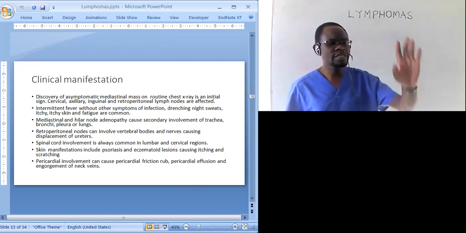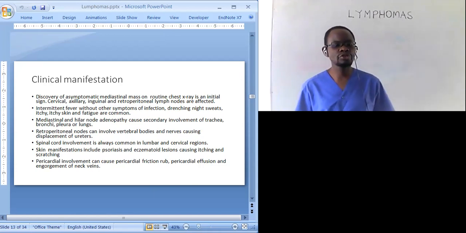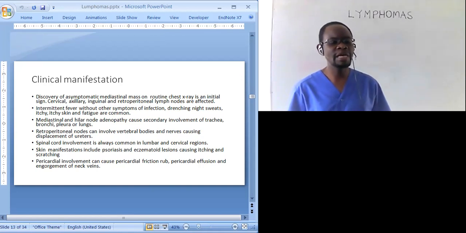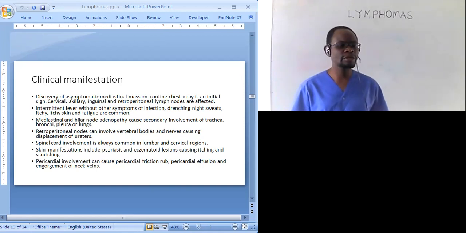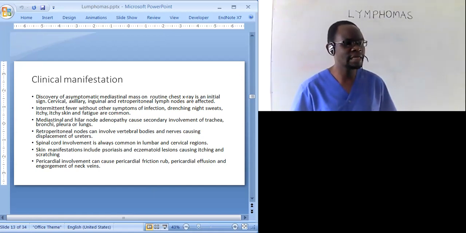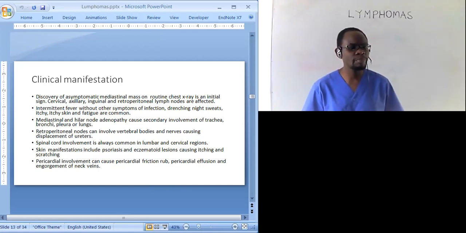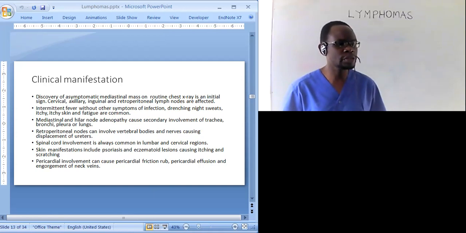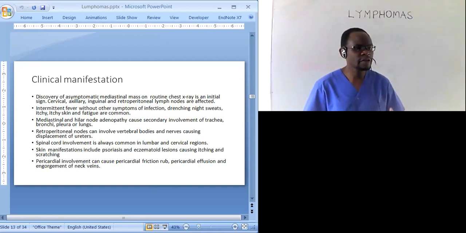So those are some of the clinical manifestations of Hodgkin's lymphoma. We are saying it can be an asymptomatic mediastinal mass. You can have intermittent fevers. You can have hilar and mediastinal lymphadenopathies. You can have retrosternal nodes involving the vertebral bodies.